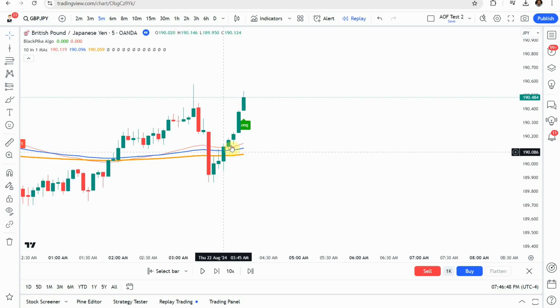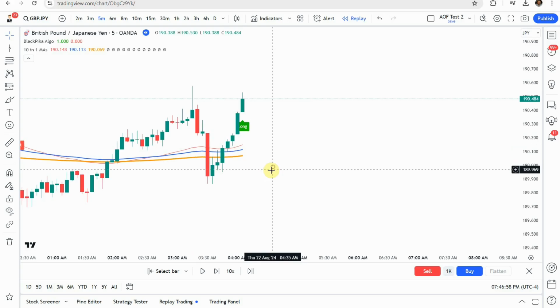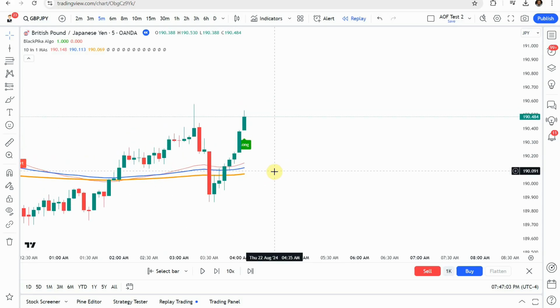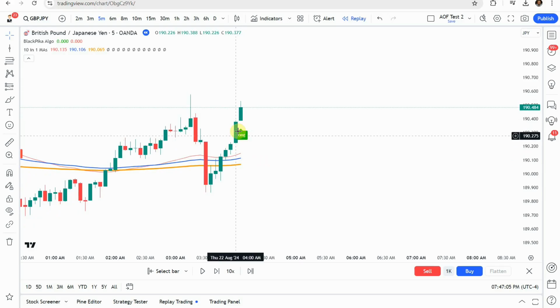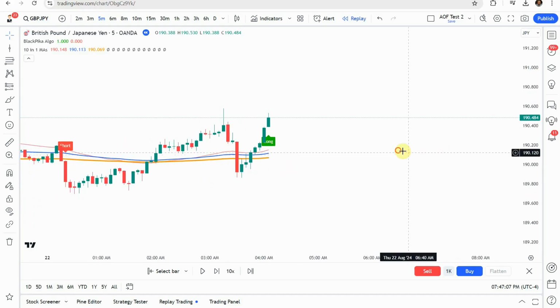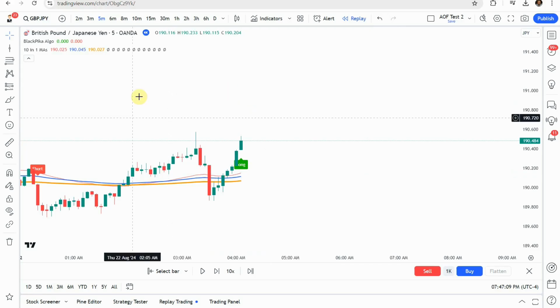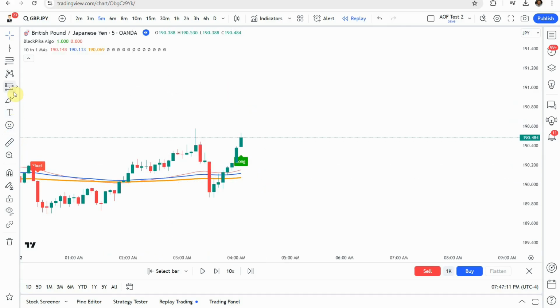And so that's just a classic alligator type setup, or moving average fan. There's a few different names for it. But you can see the moving averages stack up accordingly here. Then you want price to be trading above all those moving averages. Then lastly, we want a long signal like this right here that appears from the Black Pika algo indicator. And so once all those line up, that'll be your signal to then enter into a long.